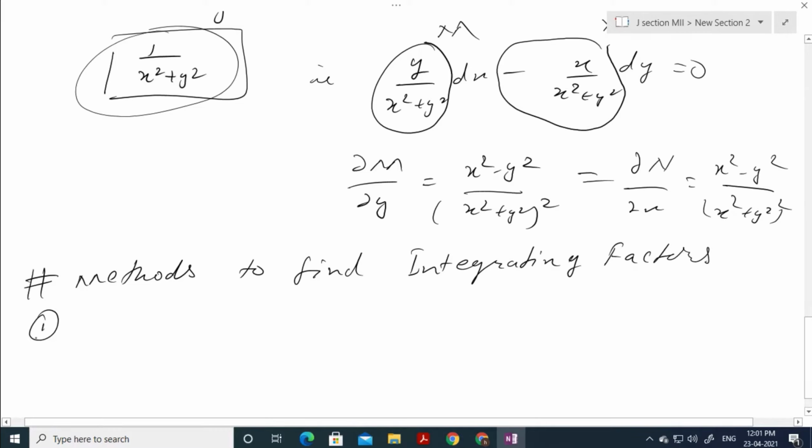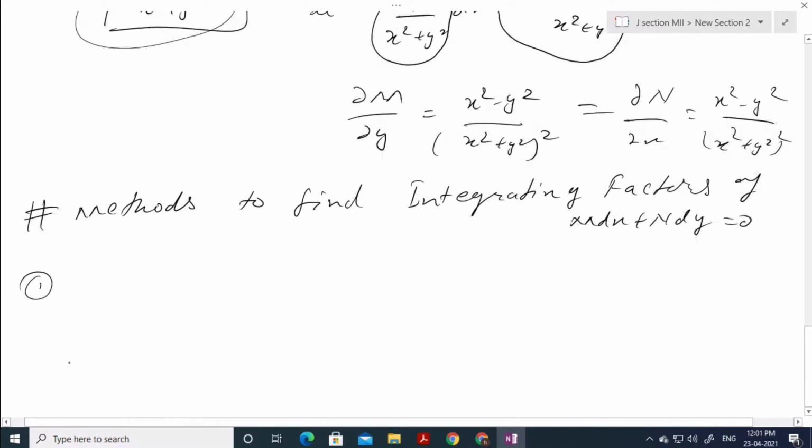Okay, method 1. Integrating factors of M dx plus N dy is equal to 0. You are supposed to find integrating factors when M dx plus N dy is equal to 0 is not exact. So the first method is that integrating factors can be found by inspection.